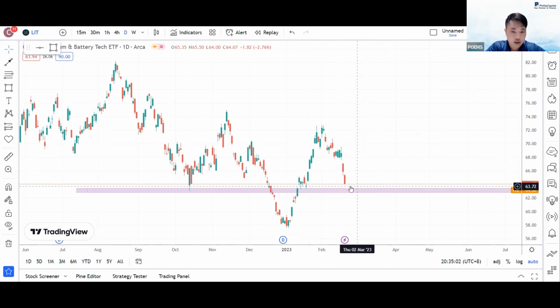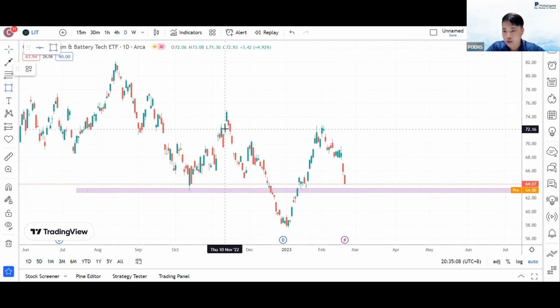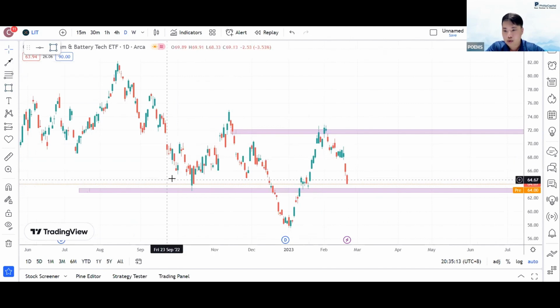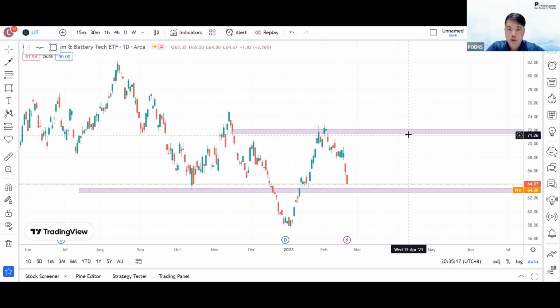If price maintains holding above, then we should be able to see an upward movement. This range will be quite big, we are looking at around 72. So this particular counter has higher upward potential if price continues to hold above the 63 price level. Just take note of it.